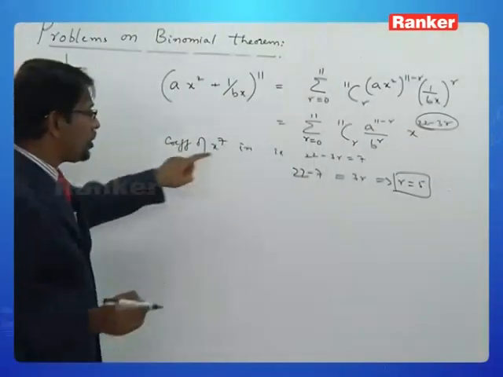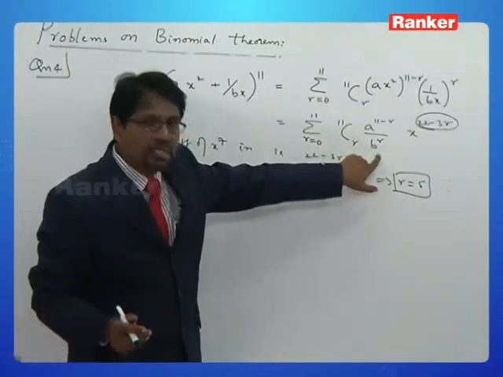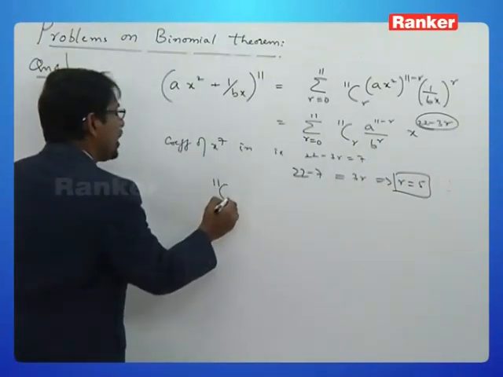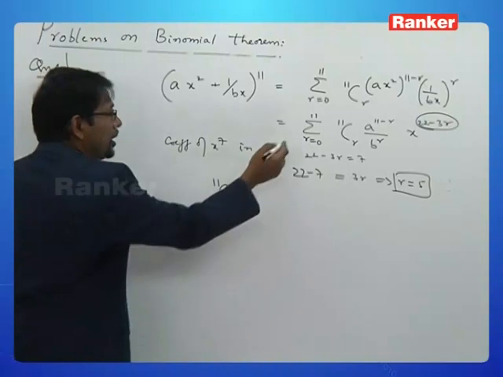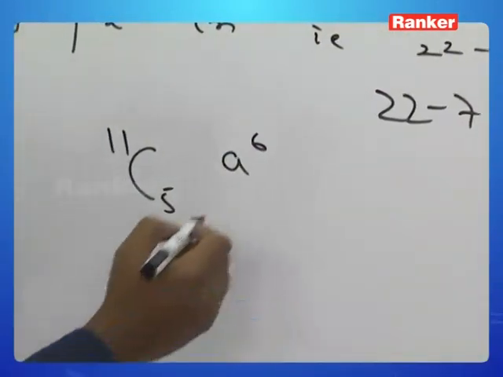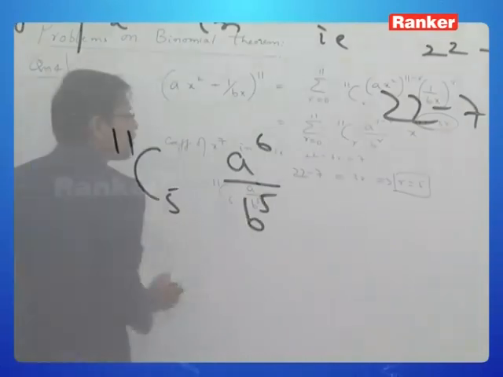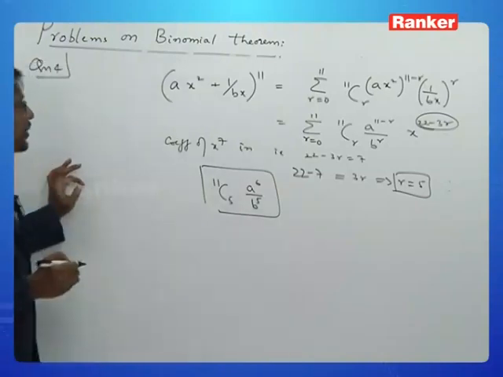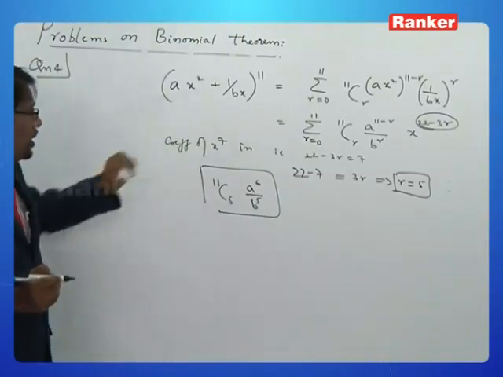So we have to look for the coefficient when r is equal to 5. It becomes 11C5, a^(11 minus 5), that is a^6, by b^5, which is the coefficient of x^7 in this expansion.